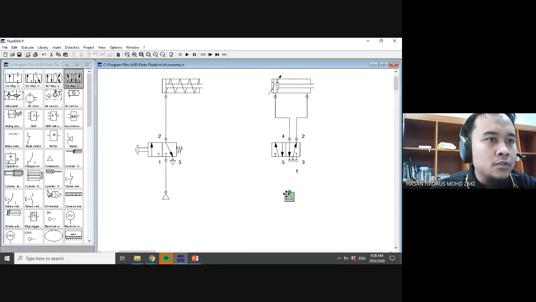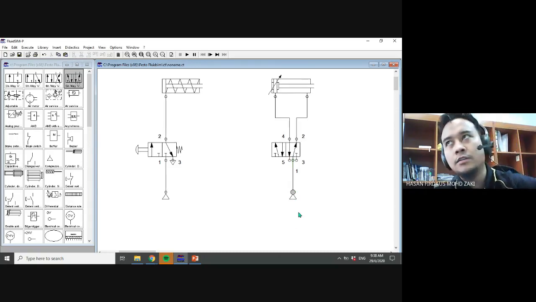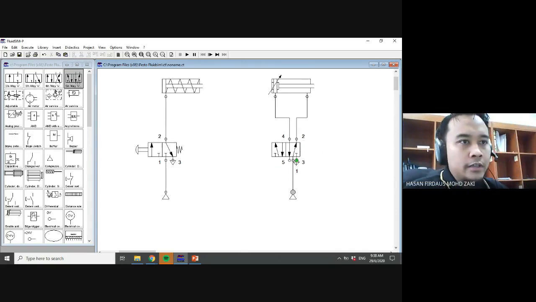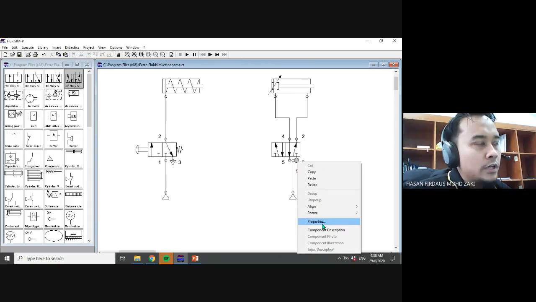Source, where do we want to connect this? 5, 1 or 3? I think at 1. So power source always connects to port number 1, because it's the source port. How about the 5 and 3? These are the exhaust ports.